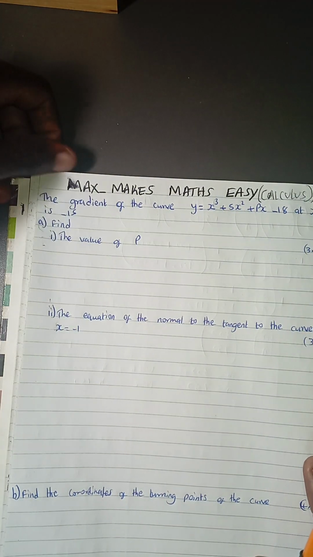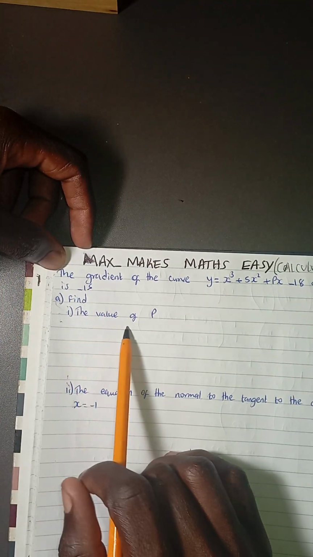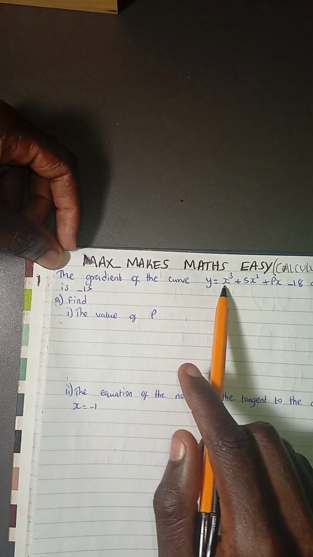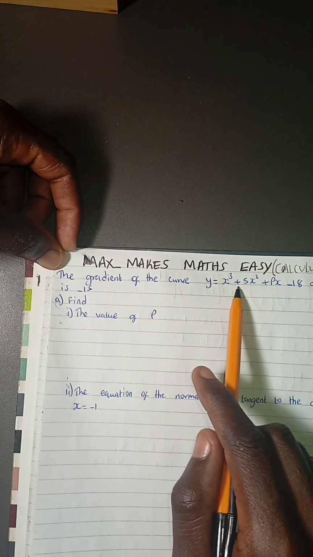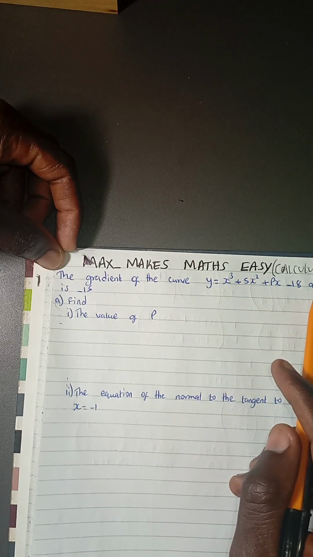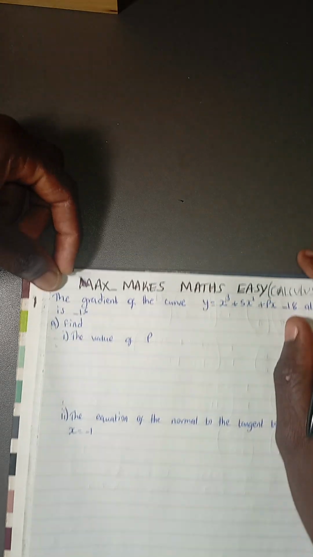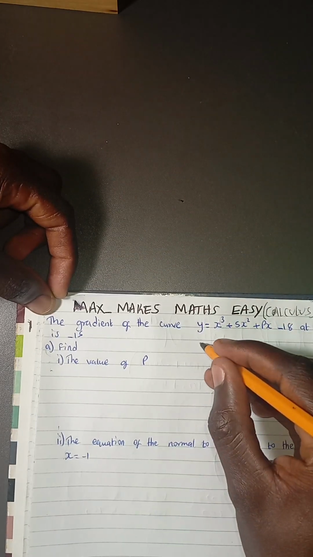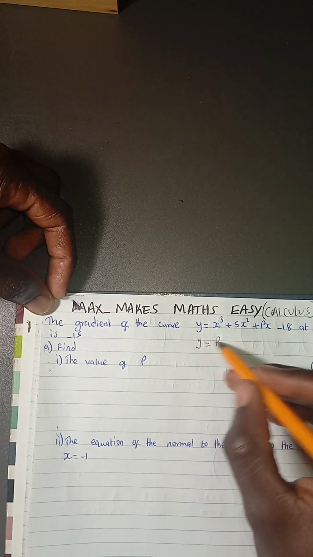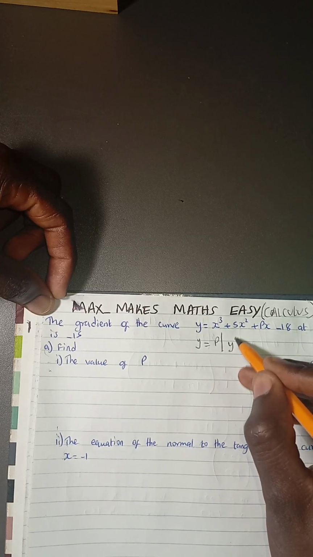So we are going to begin from our first question, which asks for the value of p. We are told the gradient of the curve y equals x cubed plus 5x squared plus px minus 18 at x equals negative 1 is negative 15. Remember, if you are given an equation y equals something, then the gradient is the derivative of y.